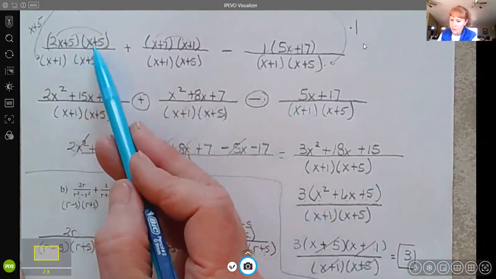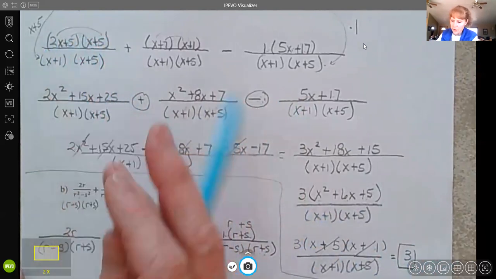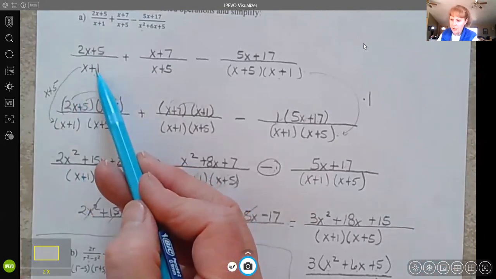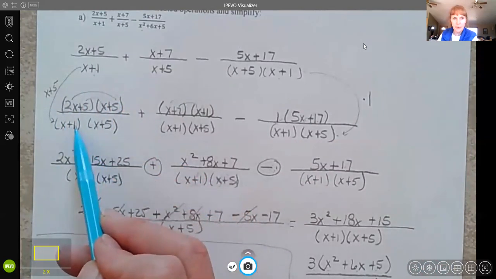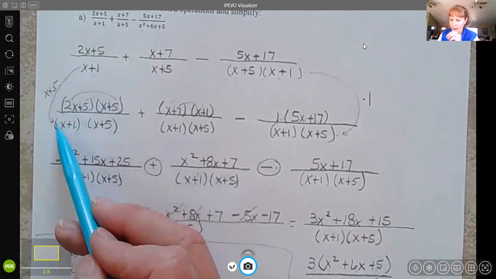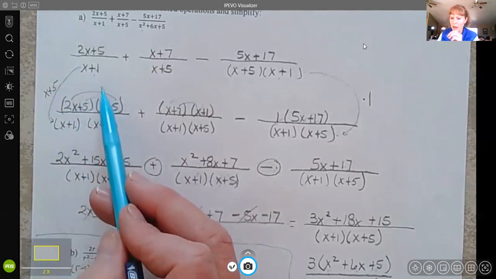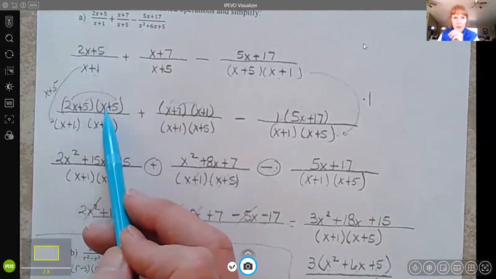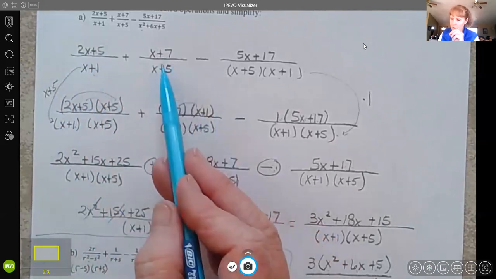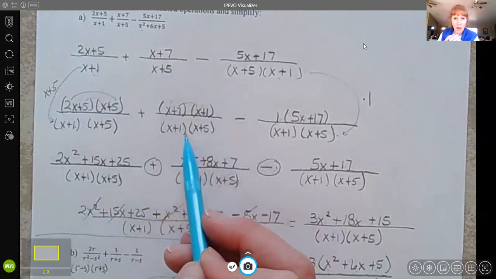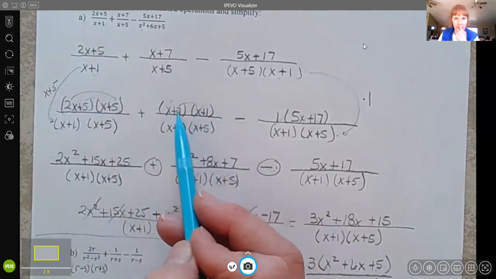Now to come up with the numerators, you ask yourself, what do you have to multiply the original by to get to the common denominator? And you multiply the numerator by that same thing. Like here in this example, you multiplied by x plus 5, you multiply the numerator by that same thing. And then you do the same thing with each of them. To go from x plus 5 to this one, you multiply by x plus 1, so you take that times the numerator.